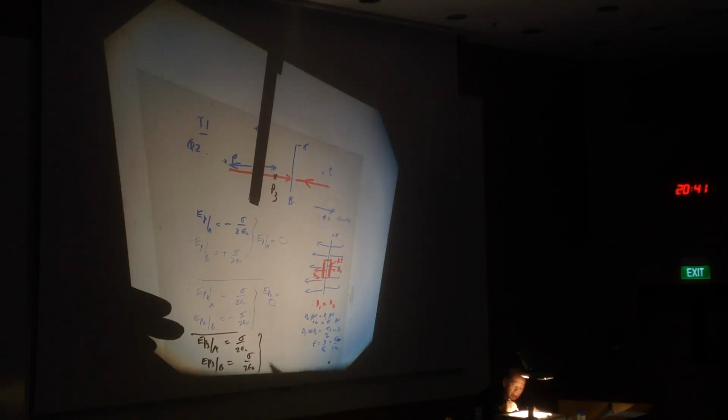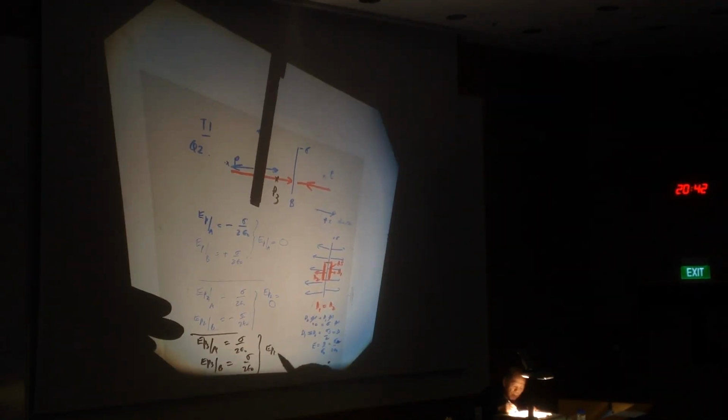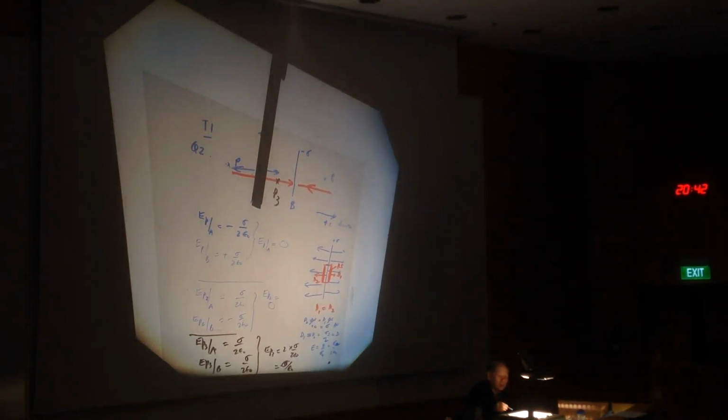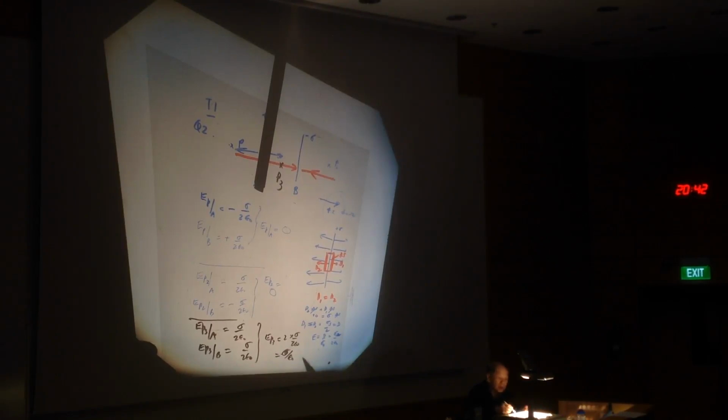Add together, we give you EP3 due to both is equal to 2 times sigma upon 2 epsilon naught, which is sigma upon epsilon naught. Down here going to the right. If you want to put vectors, you can put it if you want, AX.